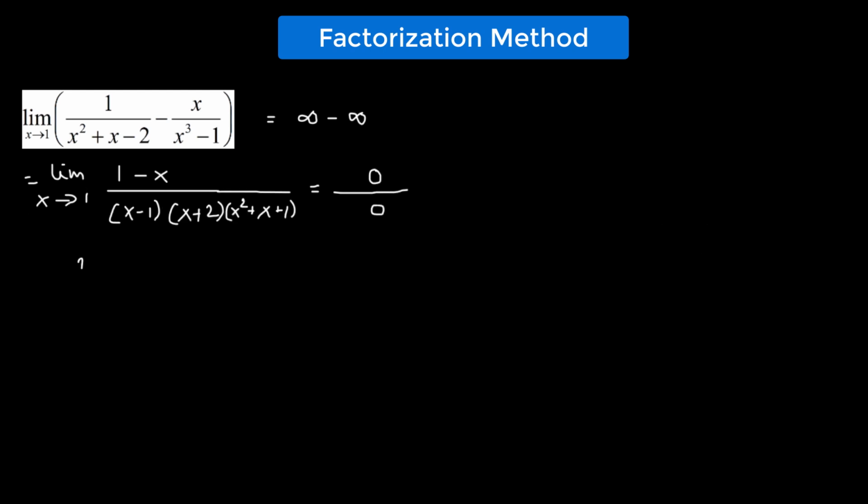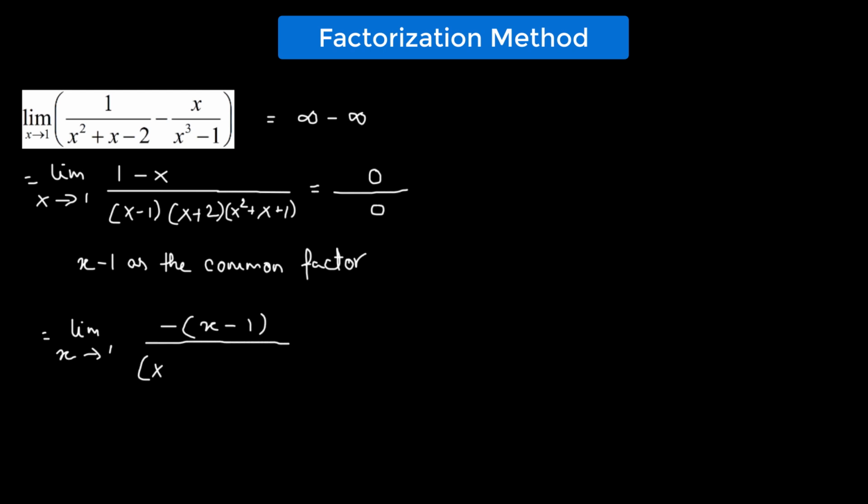So we have x minus 1 as the common factor in both the numerator and the denominator. So we already have x minus 1, and we have 1 minus x in the numerator, so we are going to multiply it by -1, so that becomes -1 times x minus 1 divided by x minus 1 times x plus 2 times x squared plus x plus 1.